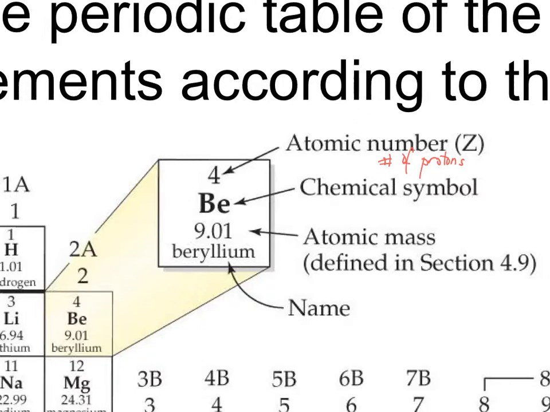That's the measure of the average mass of all the beryllium in the universe. What they do is take a really large sample of it and divide, and that has to do with the number of neutrons and protons, and we'll discuss that further later on. Probably not today, probably later this week.